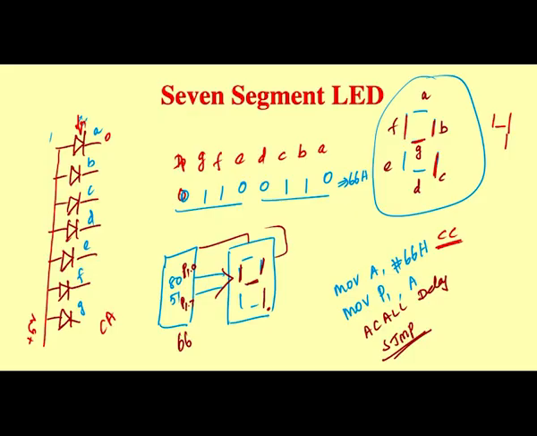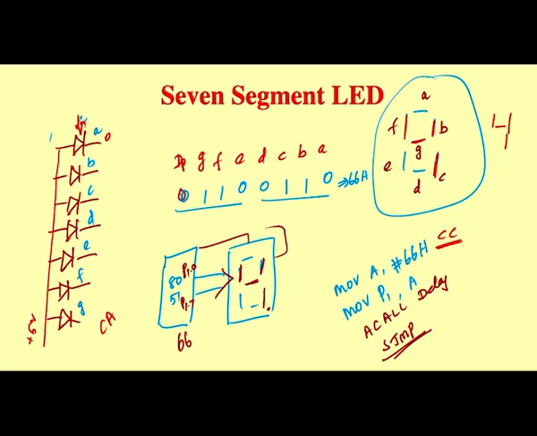These LEDs may be connected on the negative side, which is called a common cathode configuration. In common cathode configuration, the LED will glow by giving the value 1. In the case of common cathode, you have to give 1 to activate it. Suppose these LEDs are commonly connected on this side to +5 volts, because this is the anode terminal.